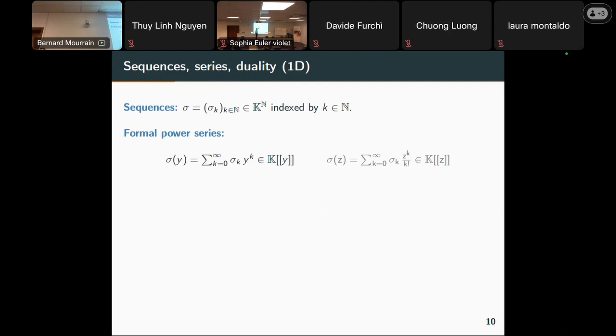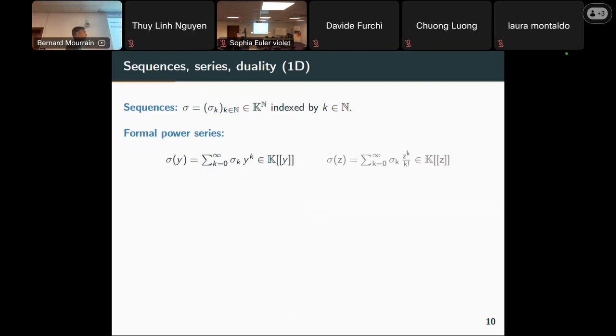That is an element of K double bracket y. It's the object that algebraists like to introduce, but we are not taking care of any convergence of the series, any analytic property.